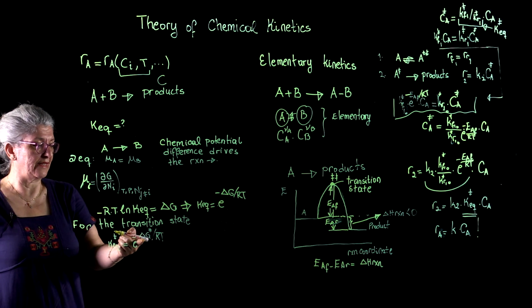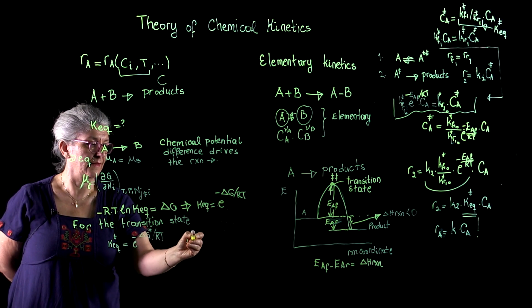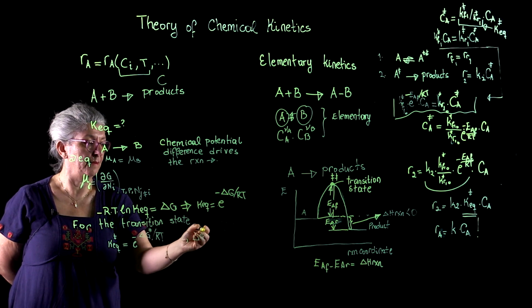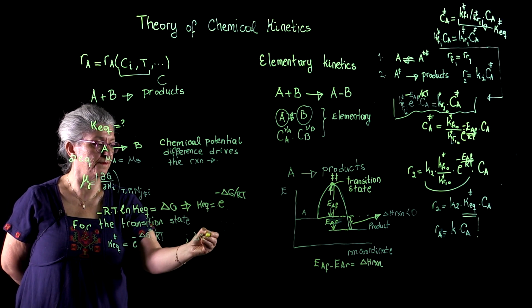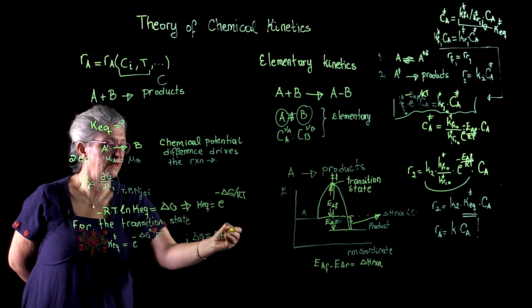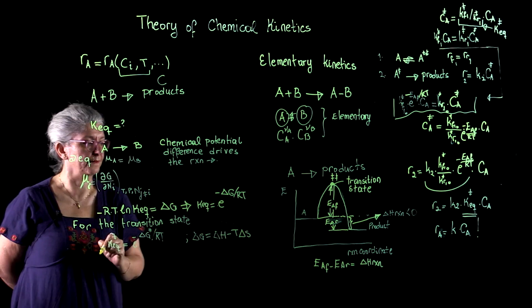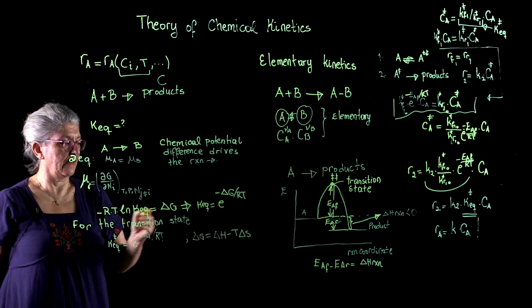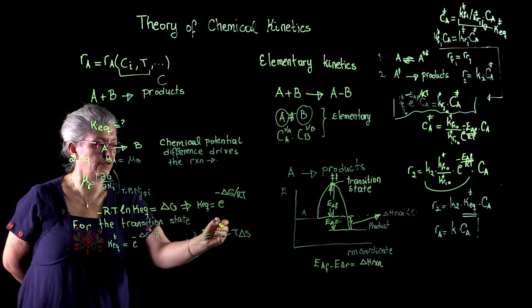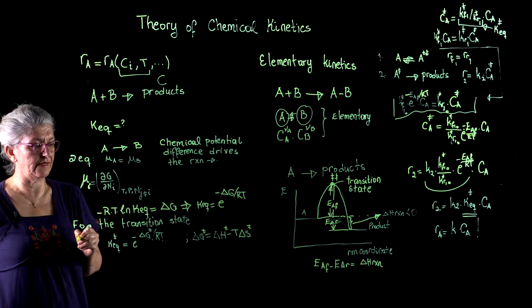Now this delta G by definition is equal to delta H minus T delta S. And of course, this is true for the delta G of the transition state as well.